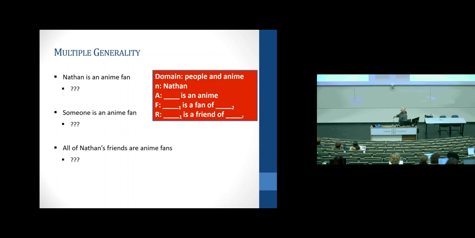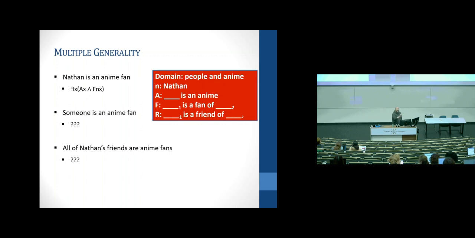So, how would we say there's something in the domain that Nathan's a fan of and is an anime? Well, we hear the something. It's going to be our existential. And then we just plug it in. There is something, it's an anime, and Nathan is a fan of that thing.